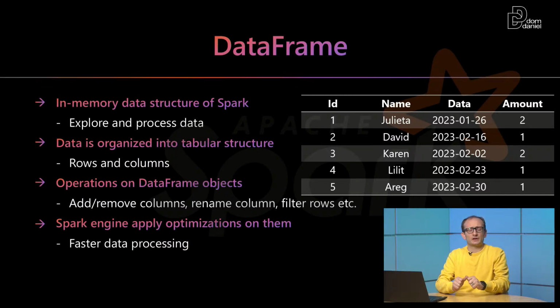Next we have widely used operations with data frames, like adding, removing, editing, and renaming columns, and of course filtering and sorting rows. And with data frames in Spark we also have optimization operations, which allow faster data processing.